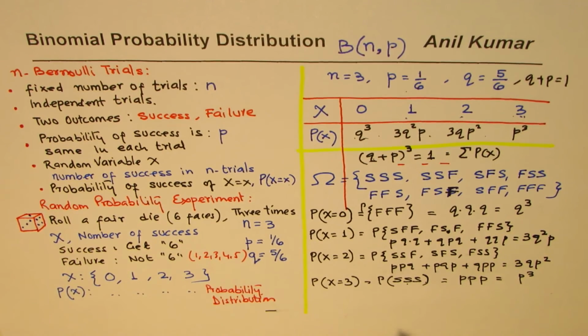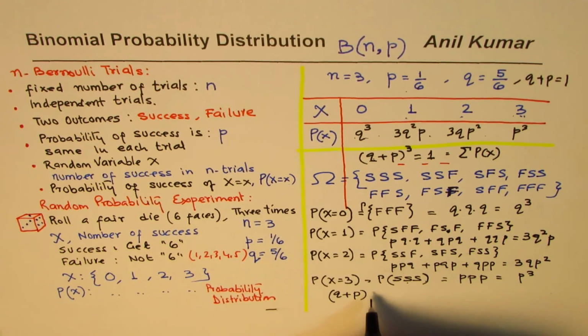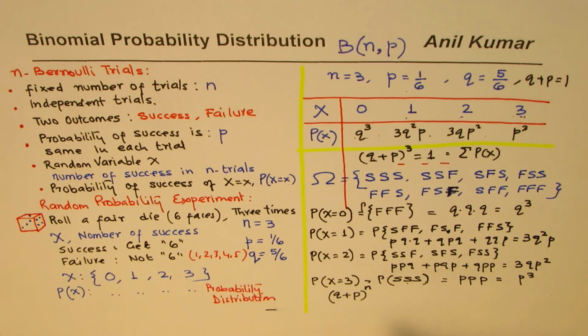So, if I have (q plus p) to the power of, let us say, any number n, so n number of trials, q plus p to the power of n.